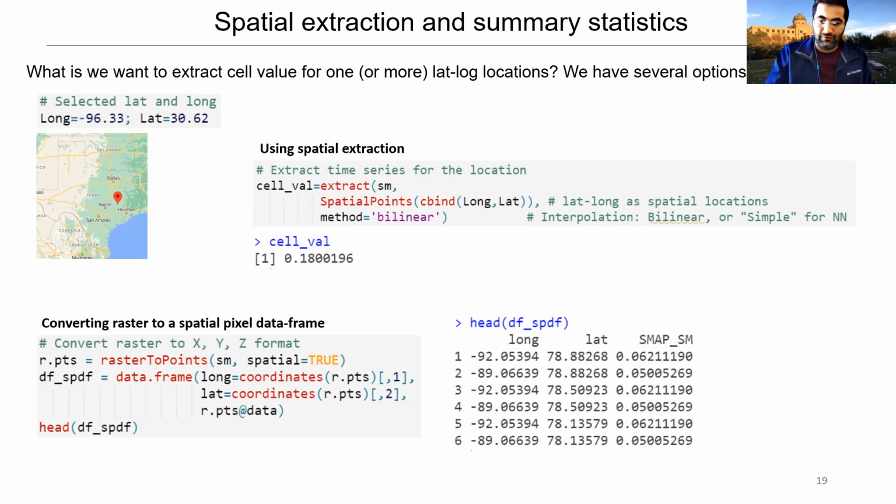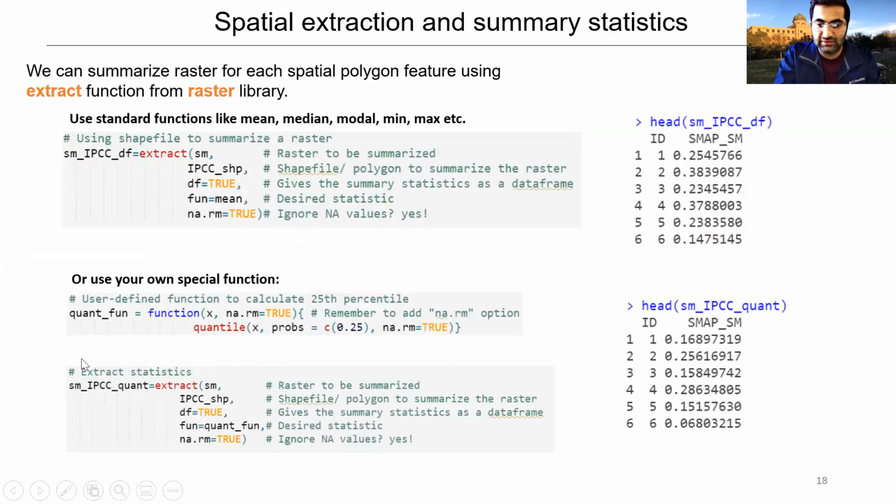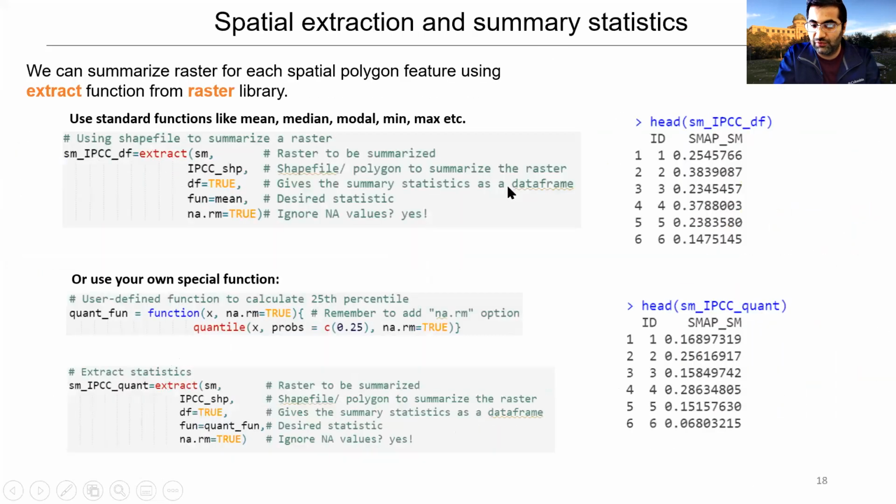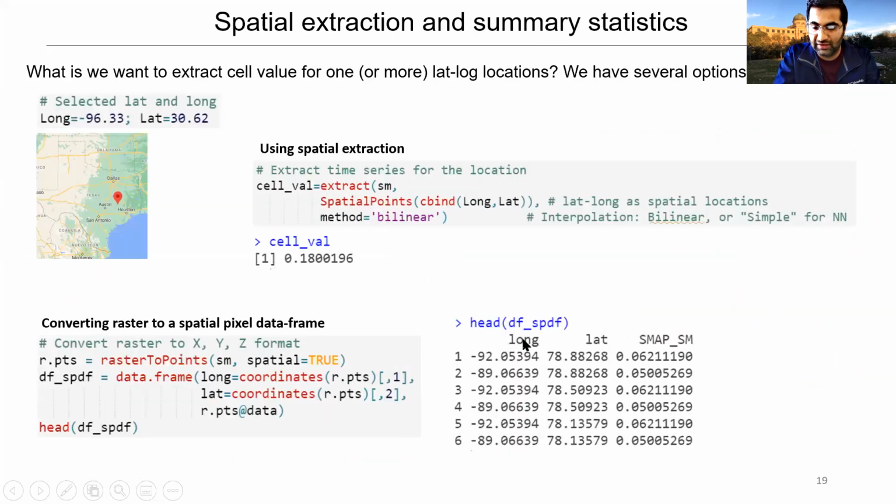Another way of finding the data for different X, Y, and Z, or in this case lat long and the Z value, is by converting the raster to spatial points. Basically, we are converting the raster into a spatial pixel data frame. Instead of a raster, where my computer knows that every single point has an X, Y, and a Z value, I'm converting that into a longitude, latitude, and value form.